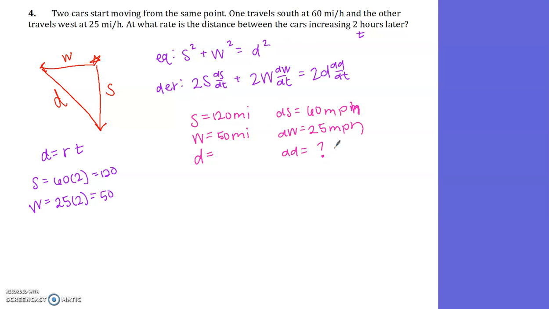Then to find D, I don't have a rate for D, but I still have the equation. So I can do 120 squared plus 50 squared equals D squared. So that'll make D 130 miles. Then I can just go back to my derivative and plug everything in.